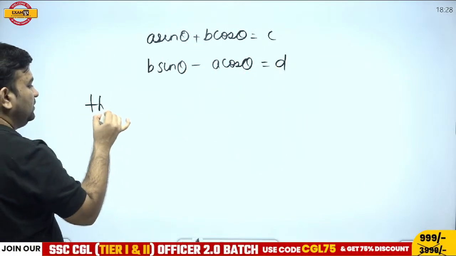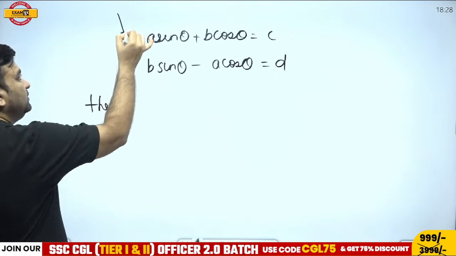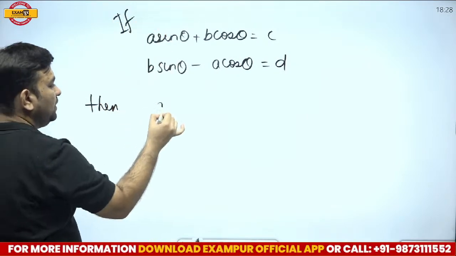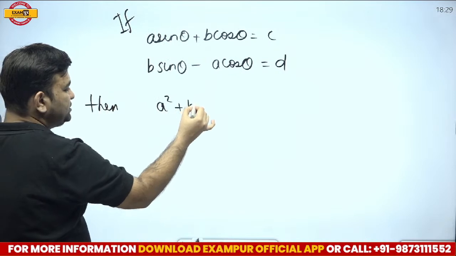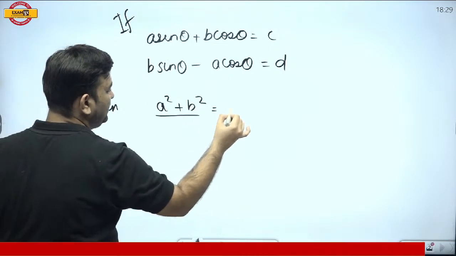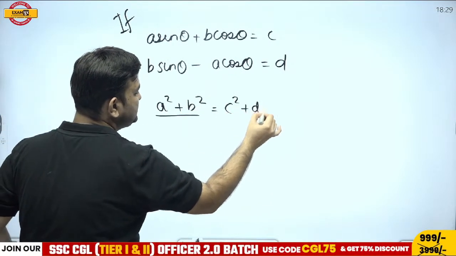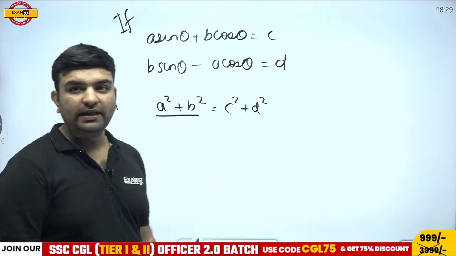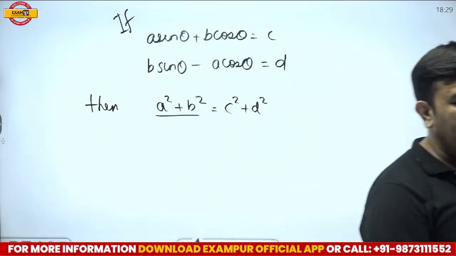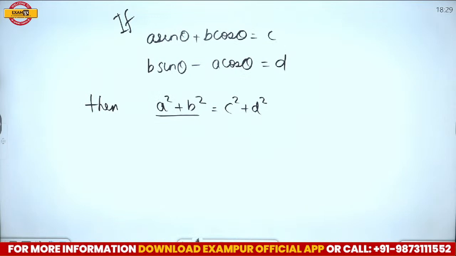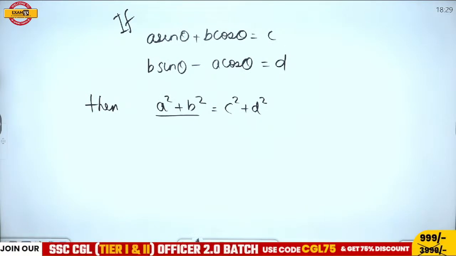Then the sum of squares of the coefficients, a square plus b square, is equal to c square plus d square.